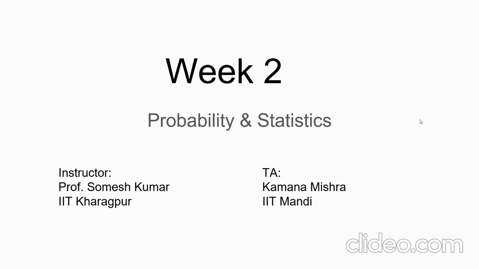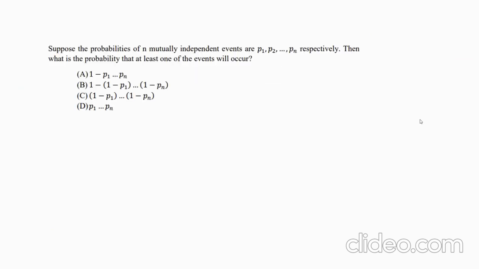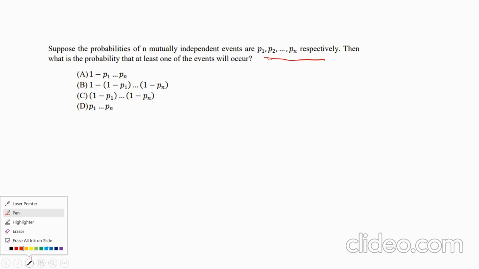Okay. So the first question we have here is that the probabilities of n mutually independent events are P1, P2 up to Pn respectively. Then we want to find the probability that at least one of these events will occur.